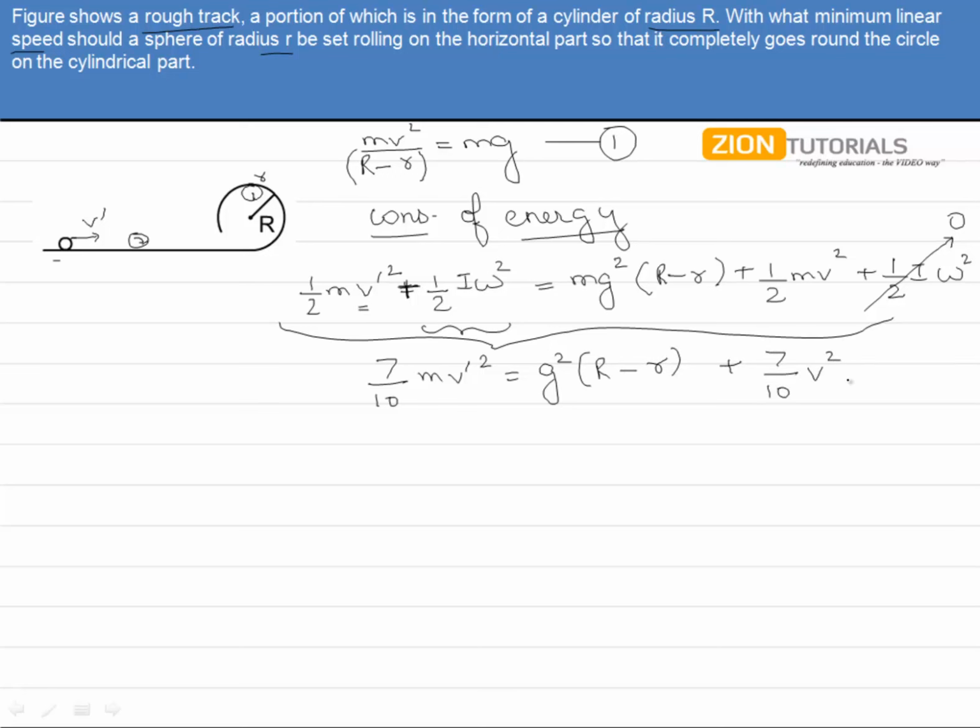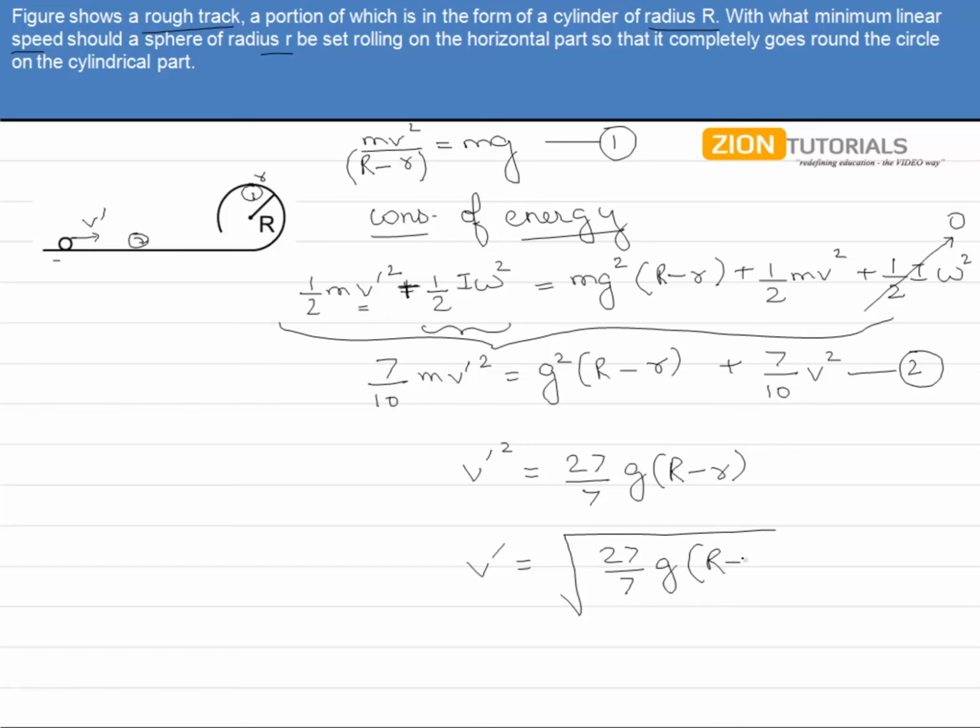Now putting the value of v square from equation number 1 into this equation number 2, we can get v dash square equals 27 by 7 g (R minus r), giving us the v dash minimum to be under root 27 by 7 g into (R minus r).